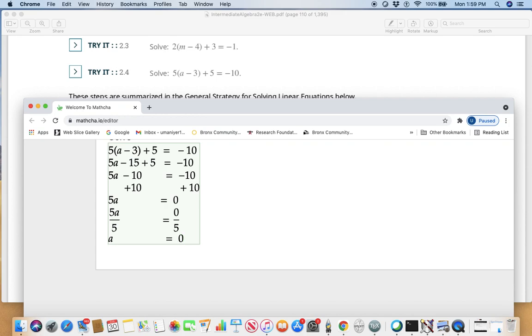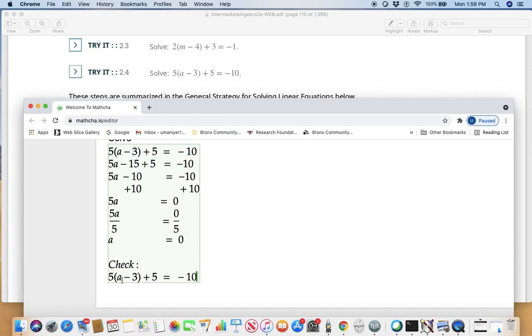Once you have that, don't stop. You need to check. You take your original equation, and wherever you see your variable, place empty parenthesis. We are checking a equals 0, so 0 goes in there.